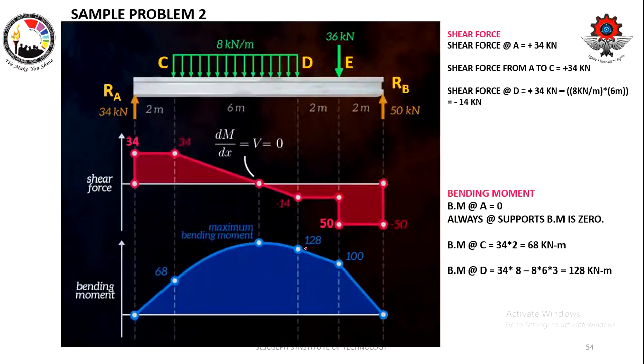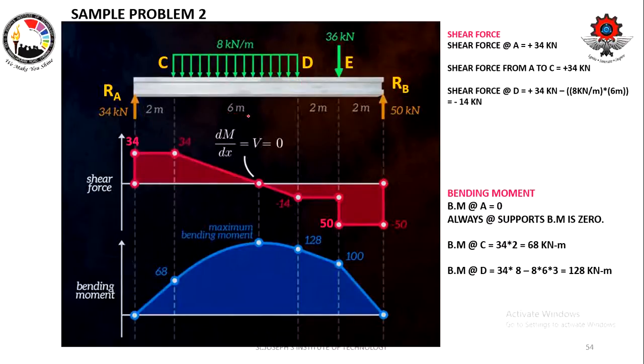Now what is the bending moment at D? Shear force we have found out. We are supposed to find out the bending moment at D, right? Bending moment at D. Okay. Now again this load is going to travel a distance of 8 meter. Where is D located? D point is located from the left support at what distance? 2 plus 6.